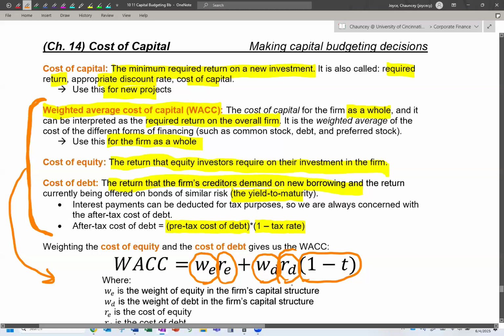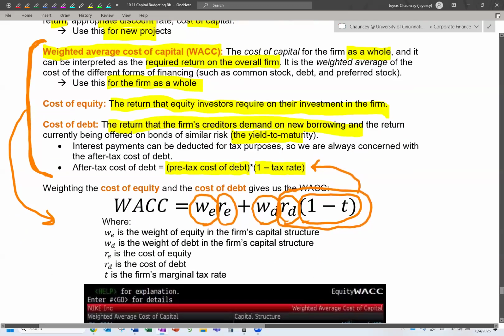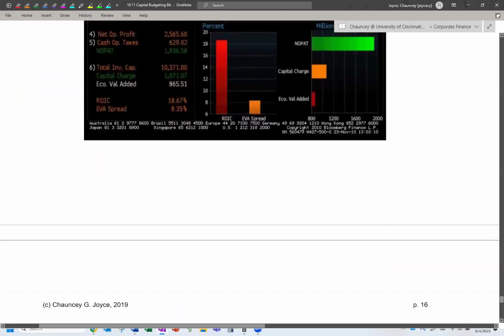These last two factors are the after-tax cost of debt. Again, we're going through this pretty quickly, jumping ahead of ourselves just a little bit. I just wanted to make sure you don't discount a project at a firm's WACC. You would only do that if the project has the same risk level as the overall firm, but typically that's not the case.